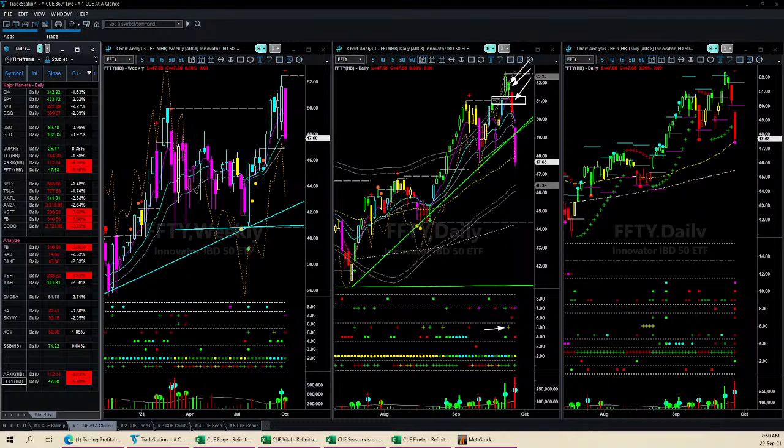Then very next day, price closed below watermark resistance, creating a false upside breakout, not only in the daily but also probably in the weekly interval, false upside breakout at this watermark resistance. So on Monday, in fact, using real-time chart, you could at least protect profit in FFTY or underlying growth stocks, or you could even take a short trade. You could protect profit in long positions or could take a short trade.